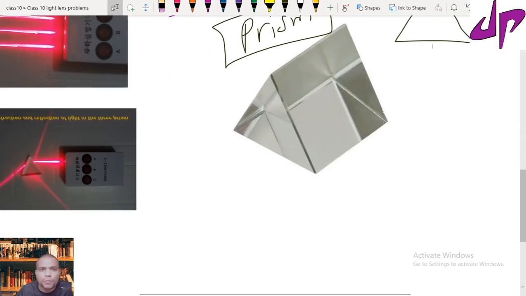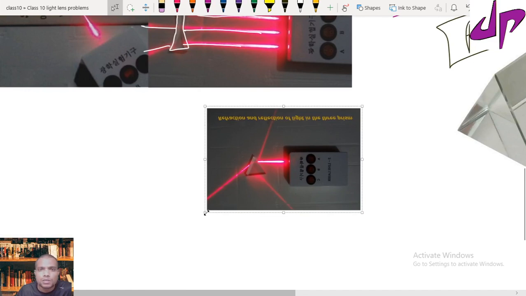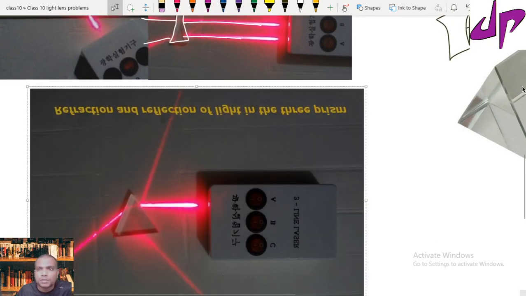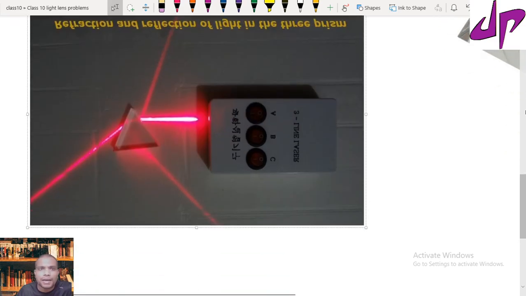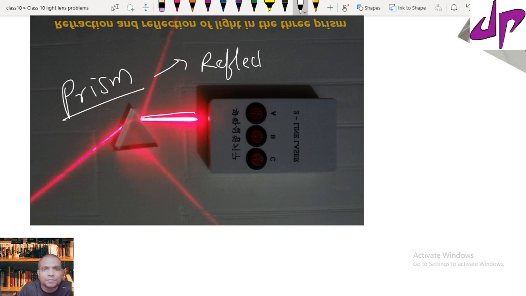When light is incident on a prism, the same observation we can make. So this is the prism. This is the incident ray, and here you are seeing some of the rays. This is the reflected ray, because some of the light will be reflected, but we need to concentrate on the other side.